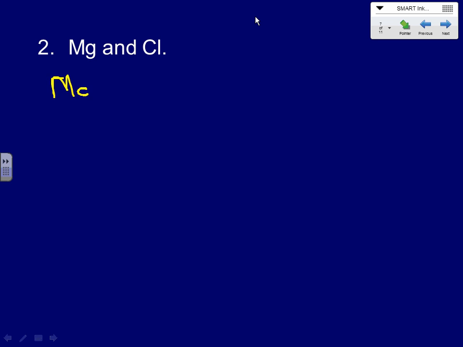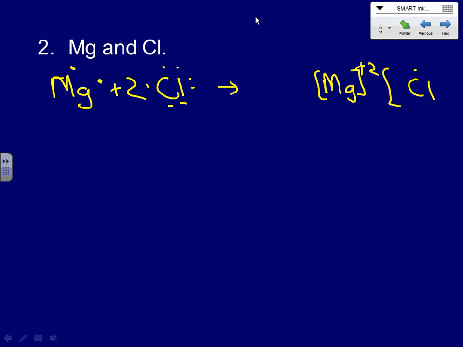So Mg has 2 valence electrons, Cl has 7, so I'm going to need 2 of those guys. Remember this good stuff here? It's going to result in, and I'm going to put the Mg in the middle, Mg 2+, and Cl with 8 electrons, minus 1, and Cl with 8 electrons, minus 1.